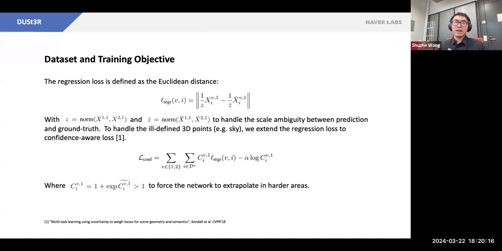For example, areas with only one view coverage, which do not have any common views, cameras that cover the area. In that case, they will penalize the prediction with no confidence.